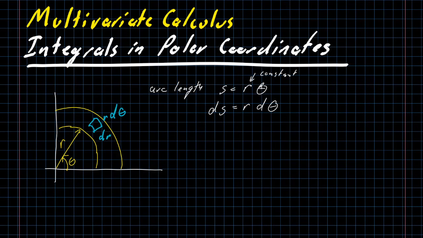Finally, even though my region here has two curved sides to it, if I am looking at a small enough piece of that region, I can pretend that those sides are straight and get that this tiny little bit of area is essentially a rectangle, which has sides dr and r d theta.